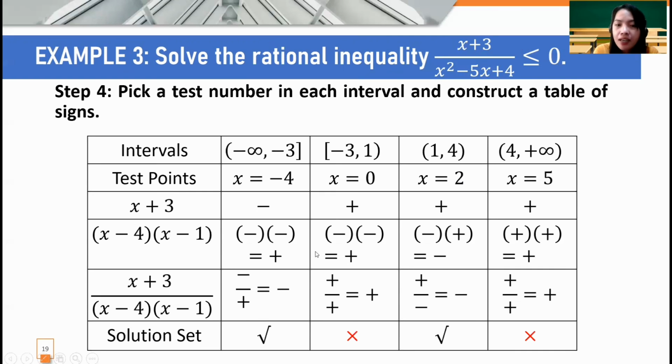Those are negative numbers. So, tingnan natin yung resulting signs na negative. Ito yung negative and then negative din yung result dito. So, there are two intervals na na-identify natin as our solution. We have the first interval and then the third interval.